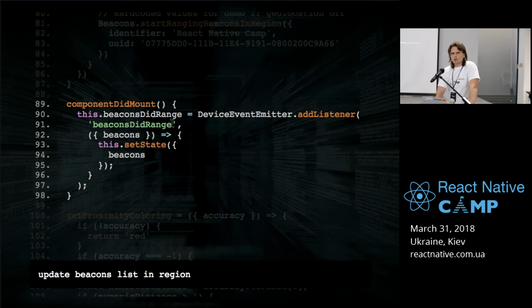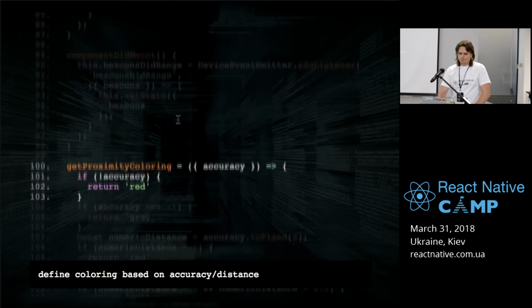It's a little bit different. It's more performant, but it requires the user to actively use the app. So if you want the user to actively use the app and provide some notification or whatever based on beacons data, you can use start monitoring for regions and beaconsDidMonitor. If you want just background things, you can use beaconsDidRange.